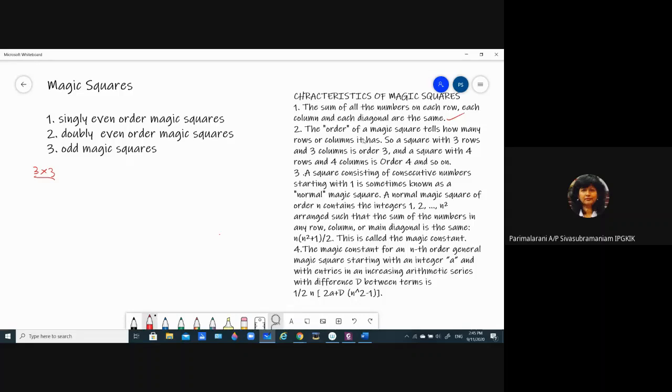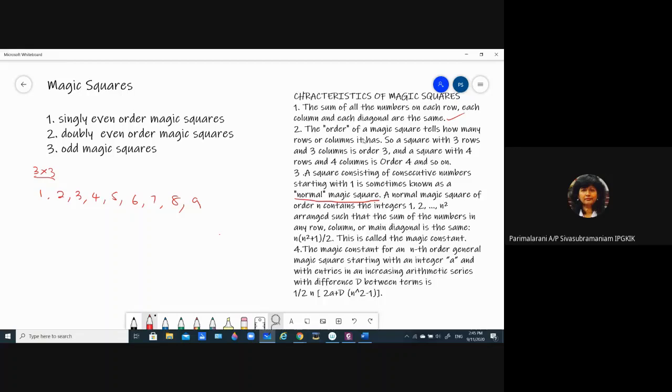And so on. A square consisting of consecutive numbers starting with 1 is sometimes known as a normal magic square. That means if you have numbers starting from 1, for example 1, 2, 3, 4, 5, 6, 7, 8, 9, these are called consecutive numbers, because after 2 is 3, after 3 is 4, after 4 is 5.